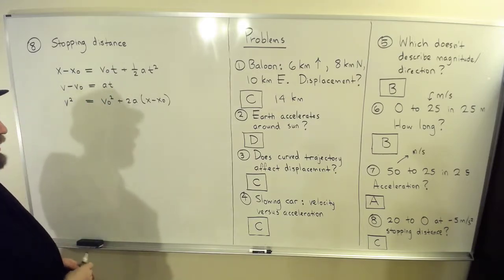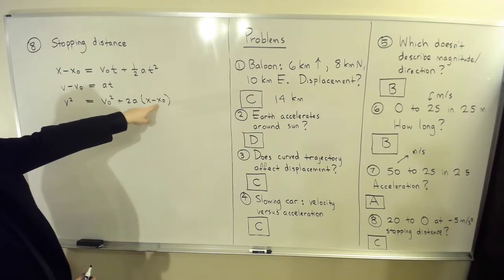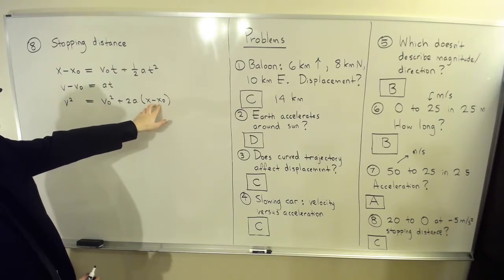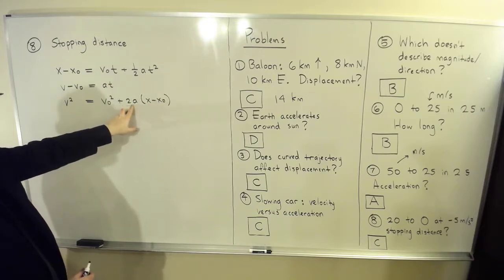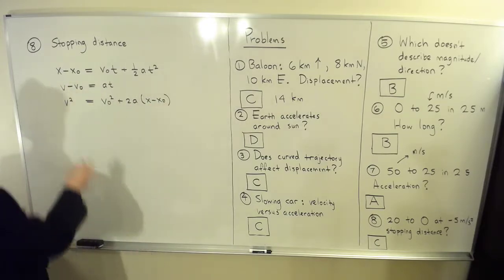Looking at this, it seems like I might be able to actually use this equation here as well, because I'm looking for stopping distance. If I'm solving for distance in here, I have an acceleration, I have an initial velocity and a final velocity. Oh, well, you could use either.